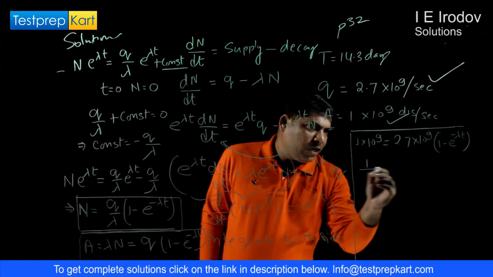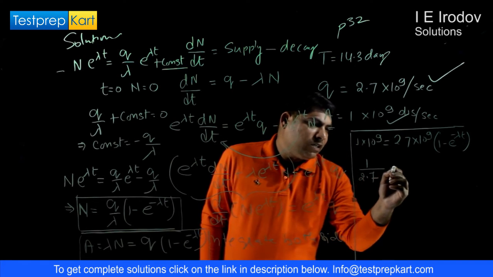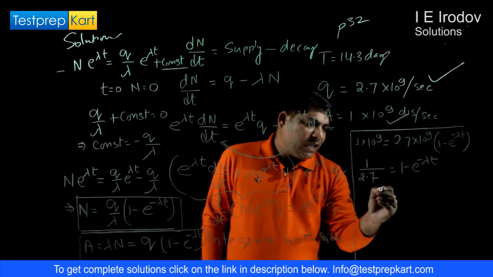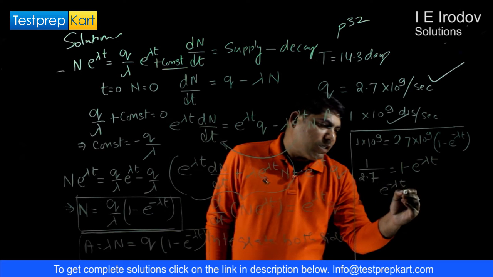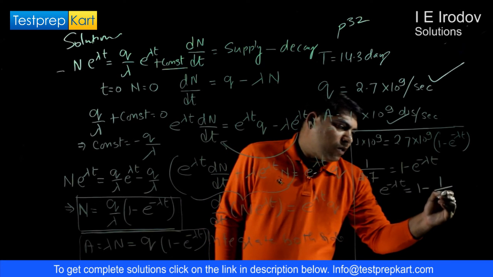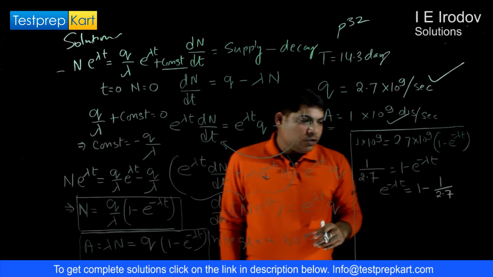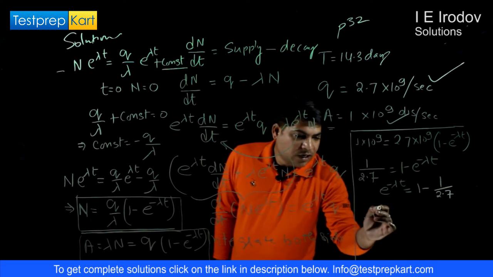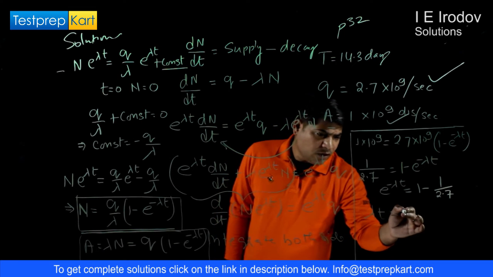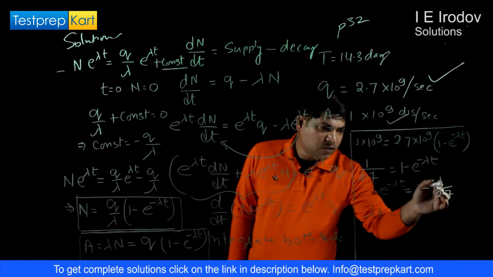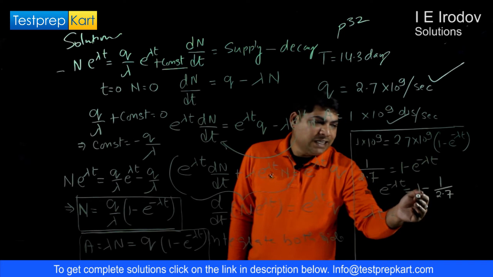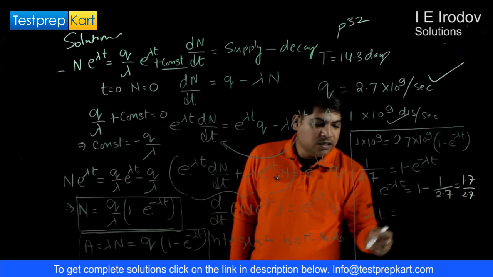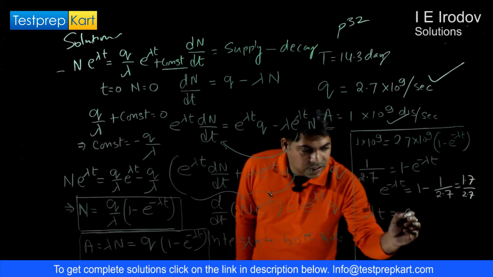From here we get 1/2.7 = 1 − e^(−λt), and so e^(−λt) = 1 − 1/2.7. By taking the natural log on both sides, we can calculate λt, right? So λt equals ln(1.7/2.7).